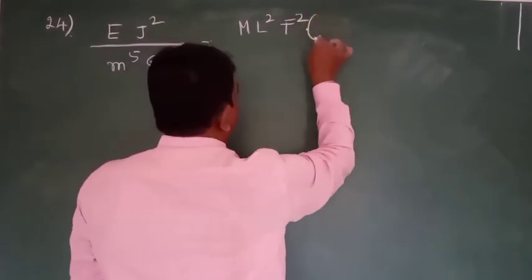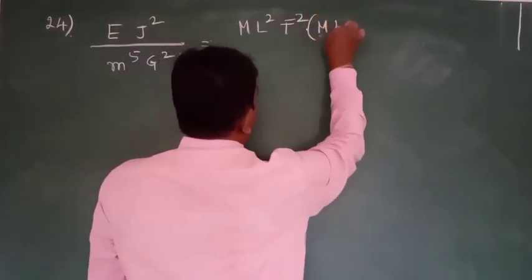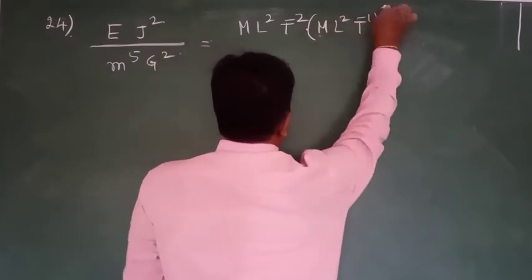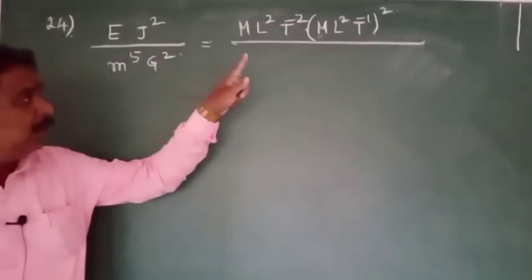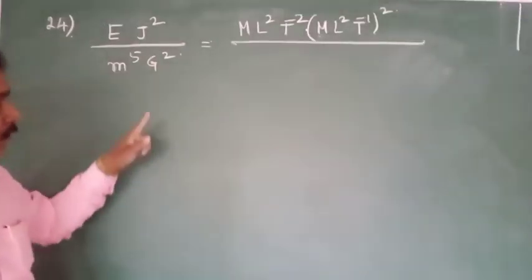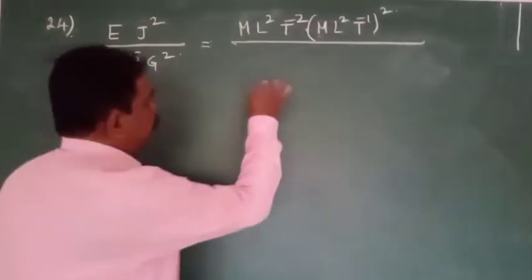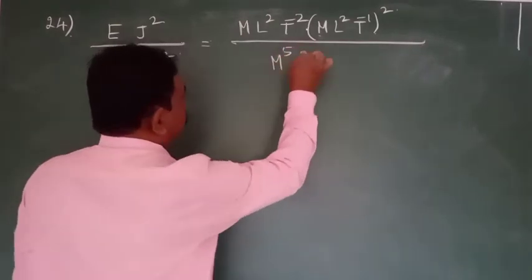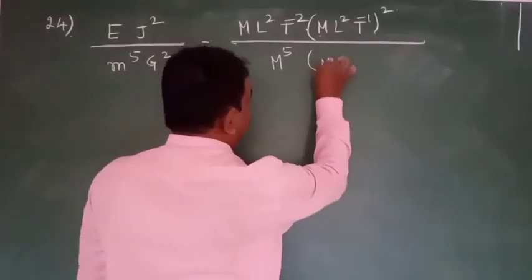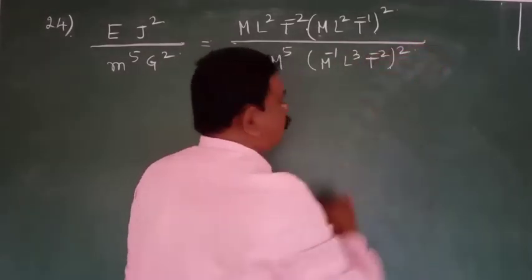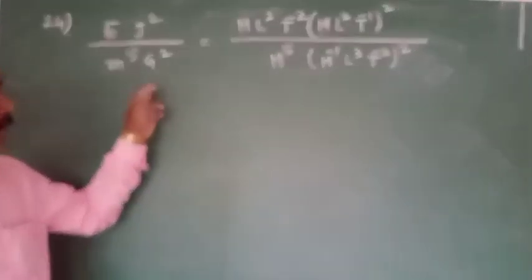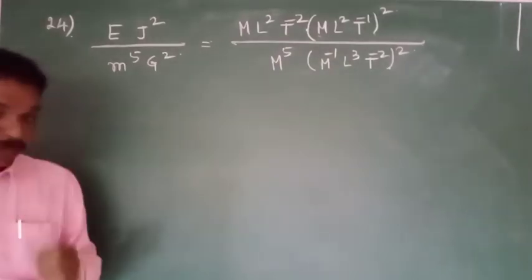Angular momentum dimensional formula will be M L square T power minus 1, whole square. This is M power 5. Universal gravitational constant dimensional formula is M power minus 1 L cube T power minus 2, whole square. Clear? So like this, first we have to write the dimensional formula of the quantities.